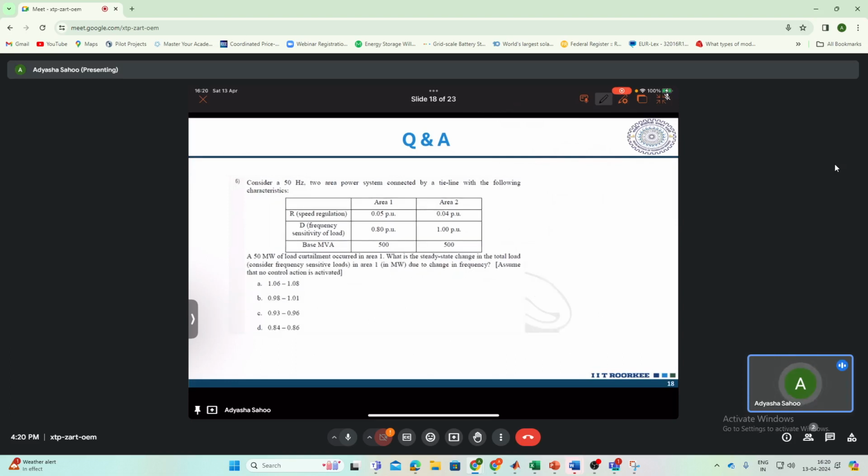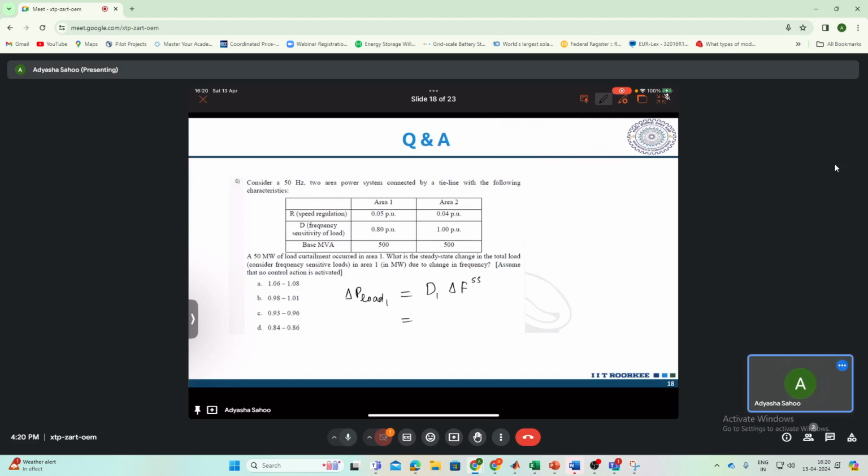Now again the same question. It is asking what is the steady state change in total load in area 1 due to change in frequency. So it is asking delta P load 1. That will be the frequency response characteristic of loads, that is D1, into delta F steady state.